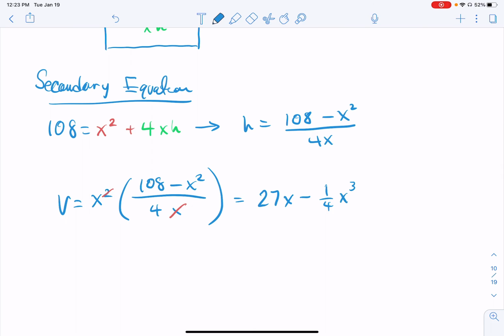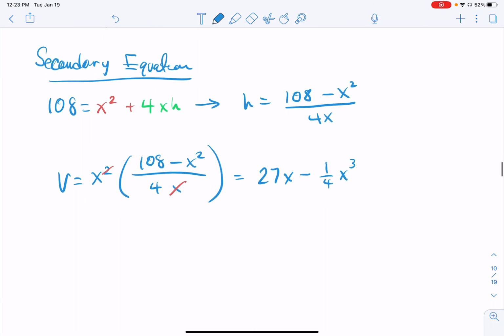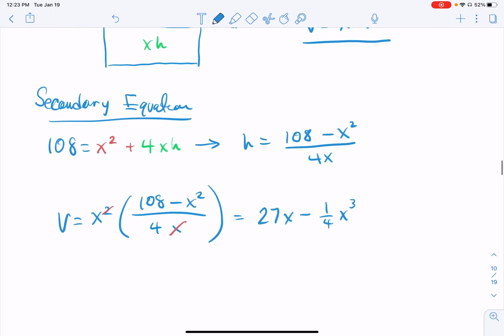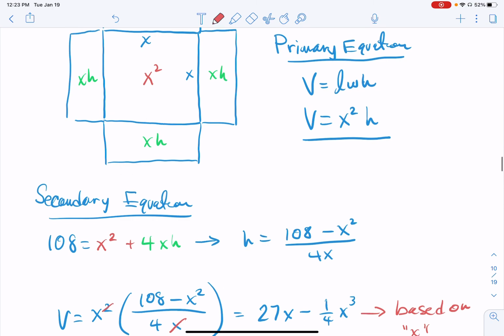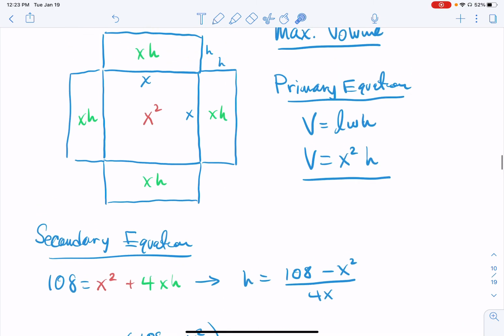It's a cubic equation. For a cubic equation, ordinarily the domain is all real numbers, which is an issue. I'm not going to use all real numbers. There is a constraint here. We base this on x. And what is x? x is the length of the base of our shape that's right here, right?